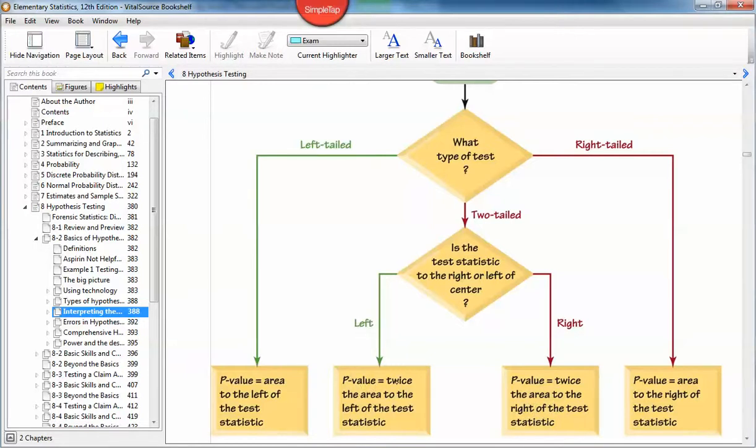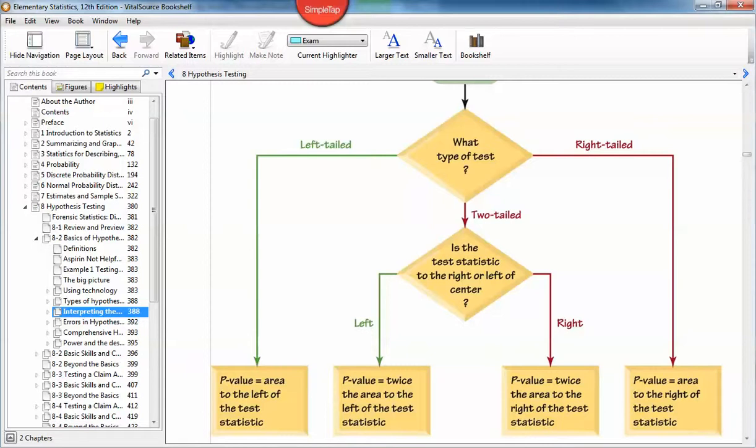If it's to the left, the p-value is twice the area to the left of the test statistic. Alright. If the test statistic is on the right of the center, it's twice the area to the right of the test statistic.